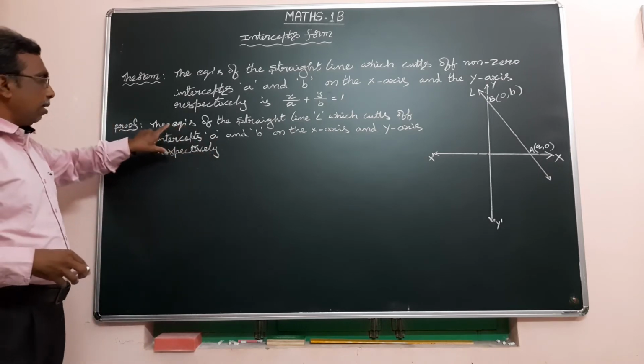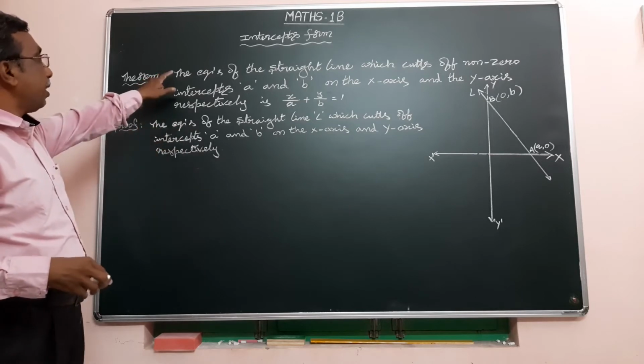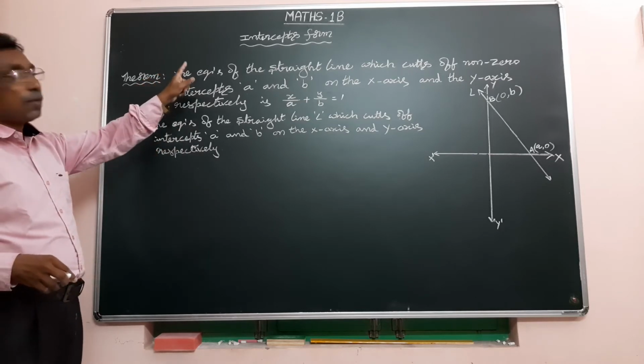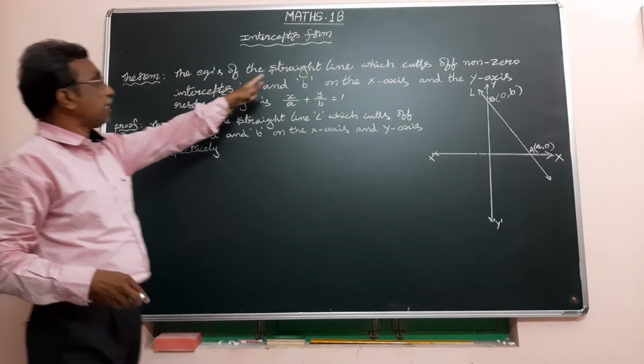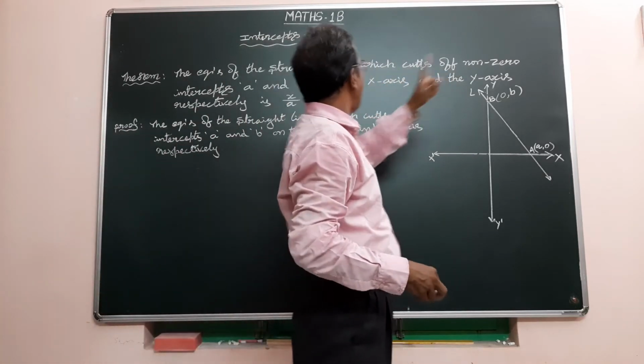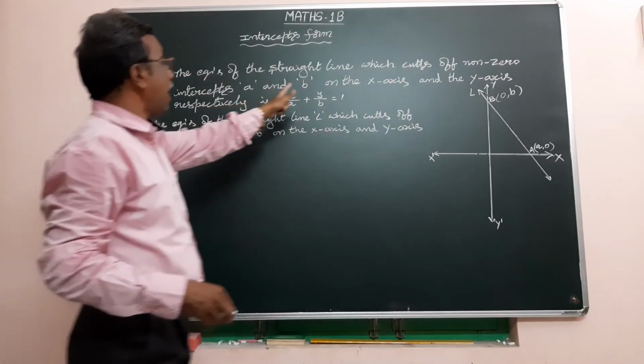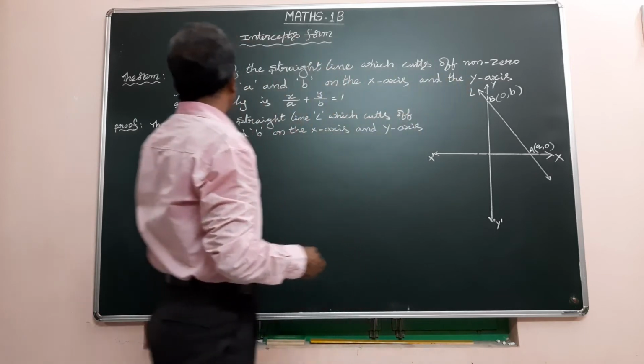This sentence is already given in the theorem: the equation of straight line which cuts off intercepts A and B on the x-axis and y-axis respectively.